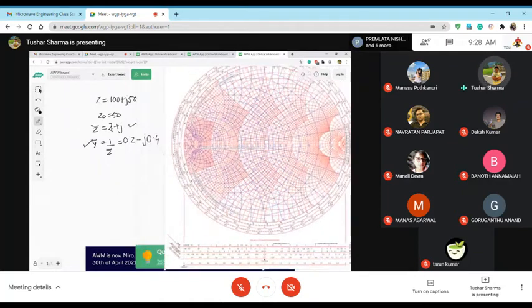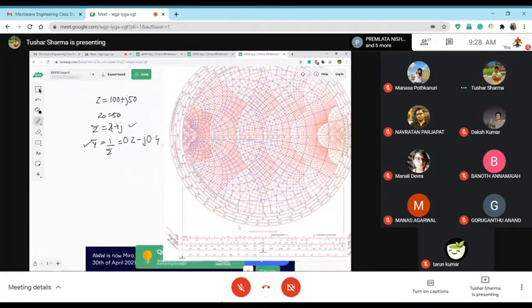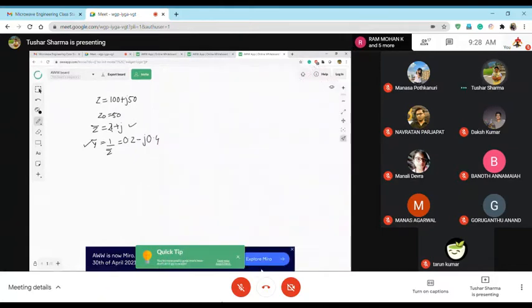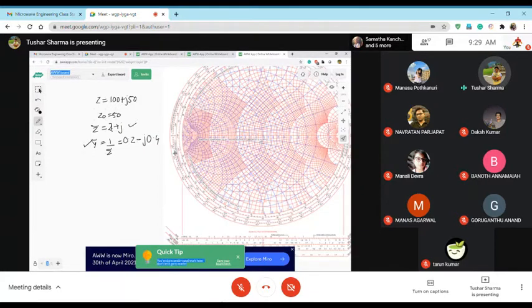So we are plotting 0.2 minus j0.4. See, the impedance increases towards the right. This was Z equal to 1, and then impedance is increasing in this direction. R increases. For Y, it decreases in that direction and Y increases in this direction.